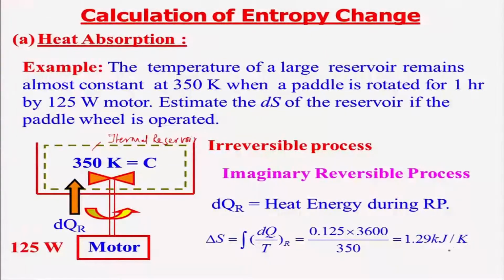So, that will give the entropy change for this thermal reservoir. Although it is an irreversible process, we have considered it as a reversible process, considering that work is converted into heat, and done in such a way that there is no change in temperature of the thermal reservoir, then we can estimate.